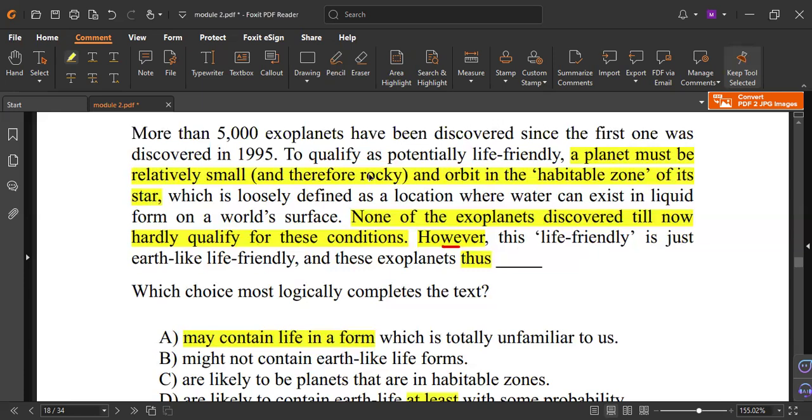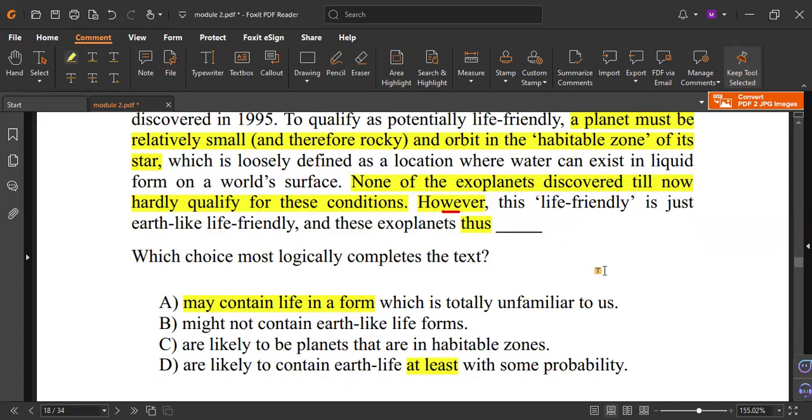He mentioned that to qualify as potentially life friendly, the exoplanet must have something. Feel it? Must be relatively small and orbiting. So this means it's not, but must be. So two answers are opposite to what is mentioned in the text, and one opposite and one the same. So what helps us? The structure, the style of writing, thus cause and effect. However, this one, an idea, I need something opposite to this one. That's why.